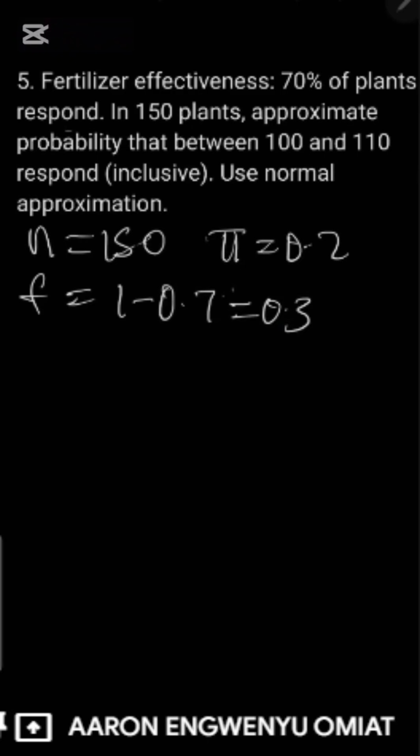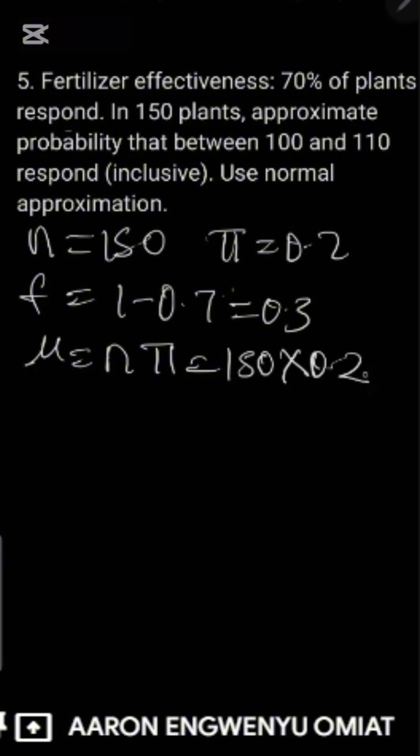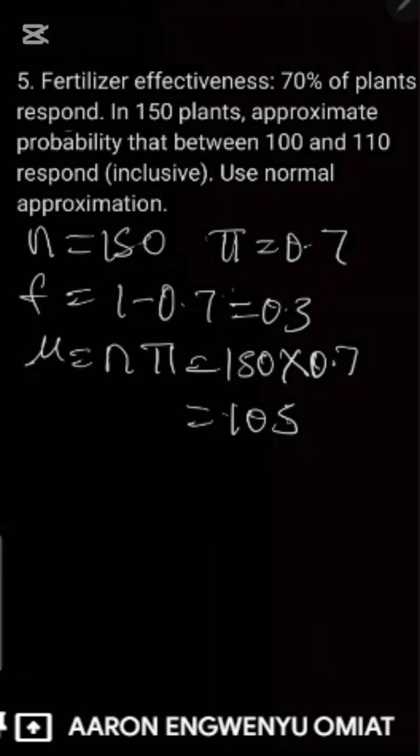Our mean is the number of trials times the probability of success, 150 times 0.7, which gives 105.